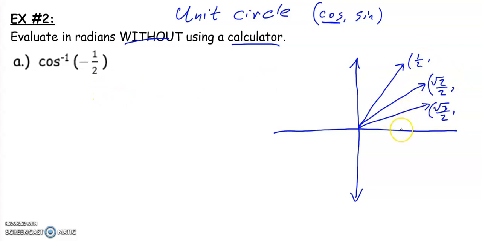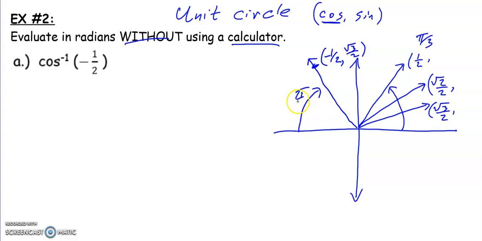Alrighty. So I know coming up this way that is going to put me at pi over 3 radians. So my reference angle is pi over 3 because the point I want is this point right here at -1/2. Its reference angle will also be pi over 3.